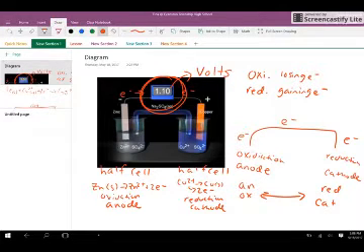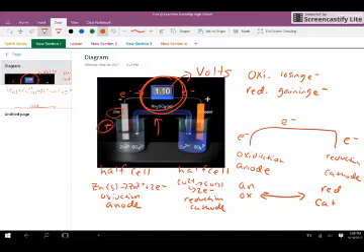And then you might notice this tube right here, that is the salt bridge. The purpose of this is because if the zinc is losing all of these electrons, you're going to end up with a positive charge over here. And if copper is gaining these electrons, you're going to end up with a negative charge over here.